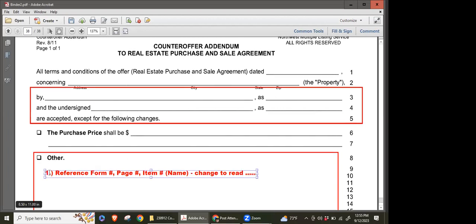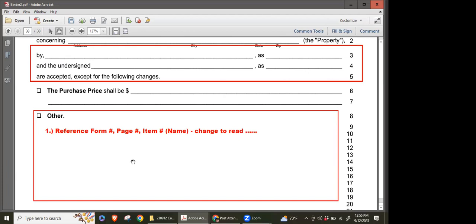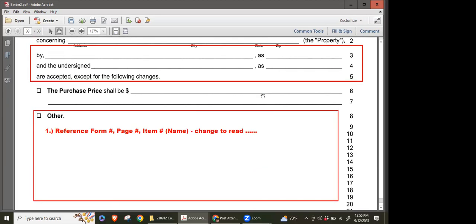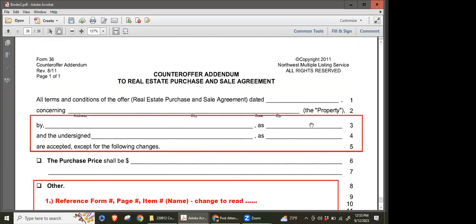Okay, so that's my little statement. And remember, whoever signs here, they should be on line 4. They're the countersign. So when I look here and then I go up and I see their name is on line 3, then I'll write a note and say, this counteroffer was incorrectly written. Now, if everybody agrees, there's not much you can do about it.